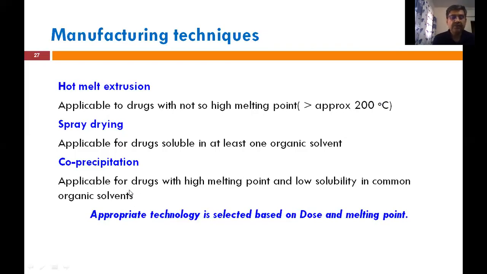These types of API will not be amenable for hot melt extrusion or spray drying technique. Hence, co-precipitation was developed as an alternate technology for commercialization of those APIs. We select the appropriate manufacturing technology based on the dose and the melting point of the API that we are trying to incorporate into the amorphous solid dispersion.